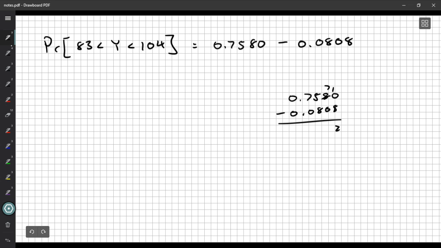So borrow: 10 minus a 7, 10 minus an 8 is a 2, 7 minus 0 is 7. Borrow to make a 15, 15 minus 8 is 7, and 6. So our answer here is 0.6772, almost a 2/3 chance that y will take on a value in this range.